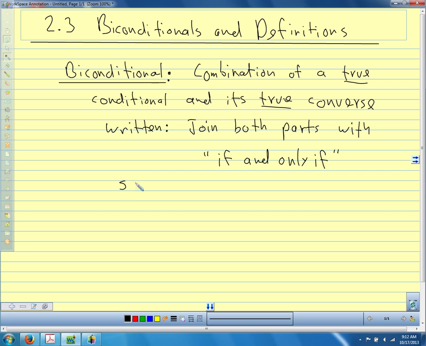And our symbol is we write P and then a two-sided arrow and Q. And we read it P if and only if Q.